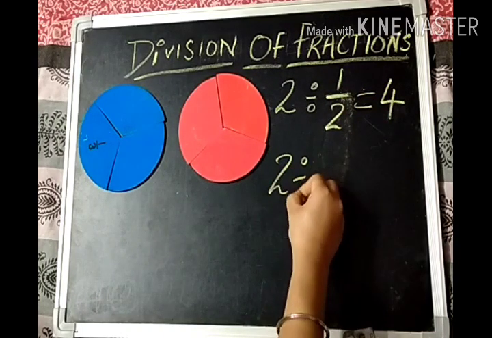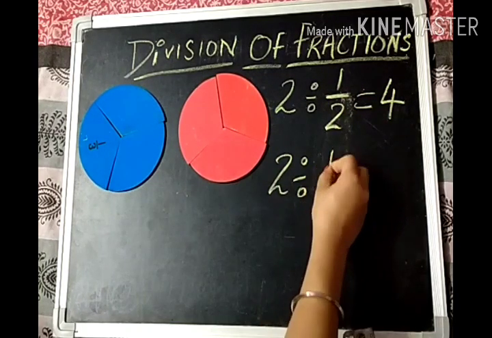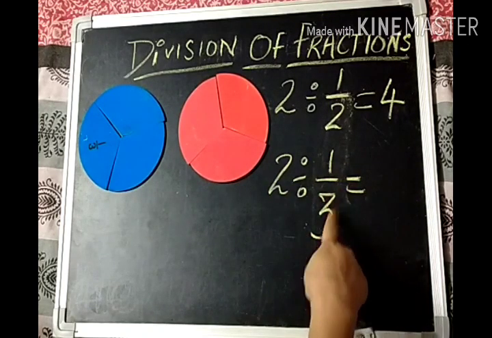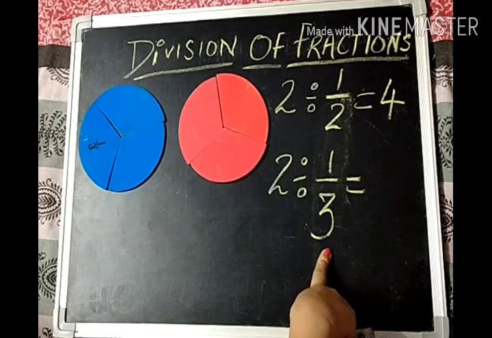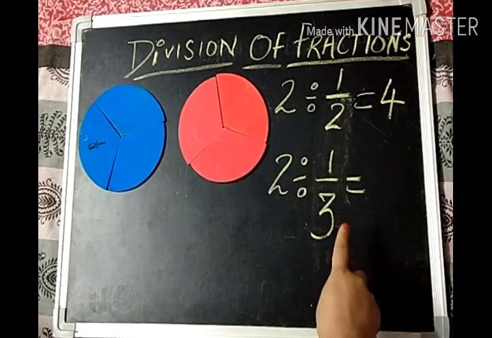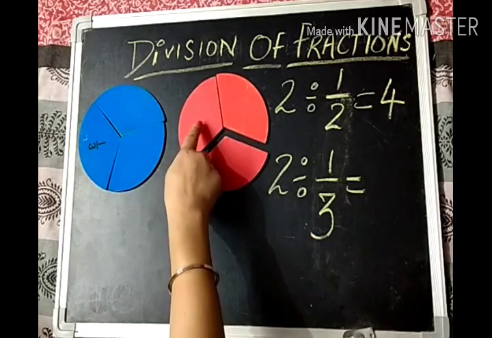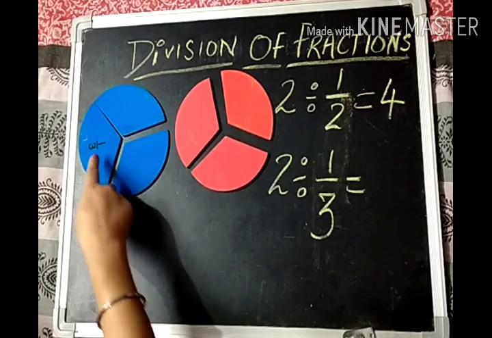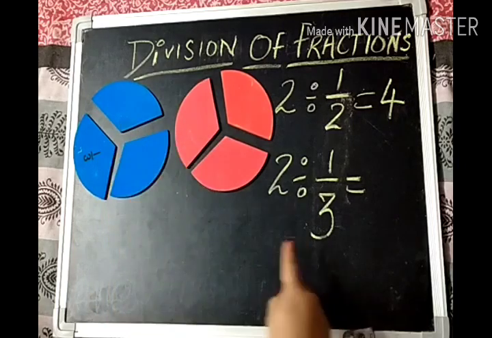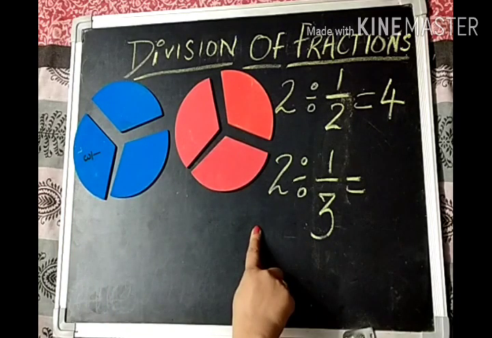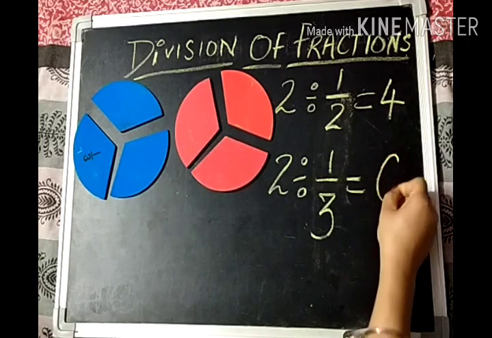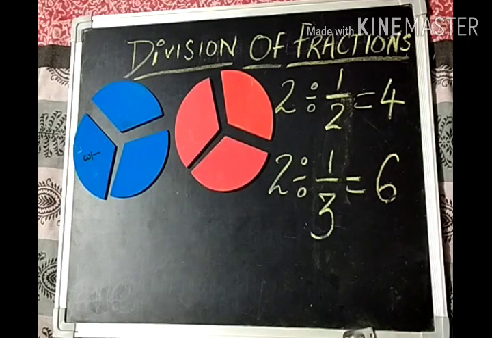If we have to divide 2 full chocolates into 1/3, how many pieces of 1/3 piece size can we take out? We can take out 1/3, 2/3, 3/3, 4/3, 5/3, 6/3. So from 2 chocolates, how many 1/3 can we take out? We can take out 6 pieces of 1/3.